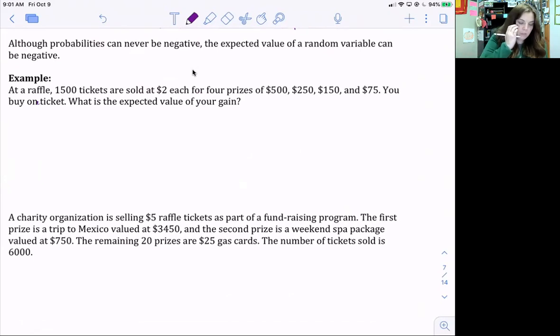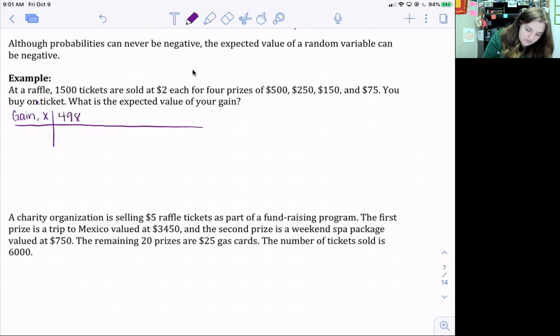Okay, so first thing we're going to want to look at is our X values. And this is going to be our gain. Okay. So our gain. If we win $500, we had to pay $2 to win that. So we actually are only gaining $498. Okay. If we want to find the probability of winning that, only one person wins. So that would be 1 over 1,500.